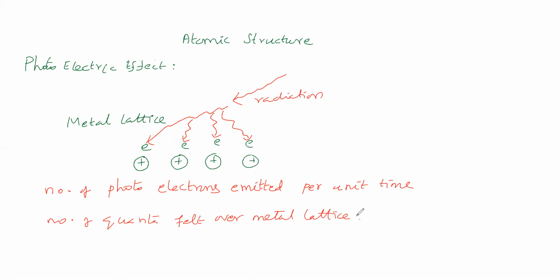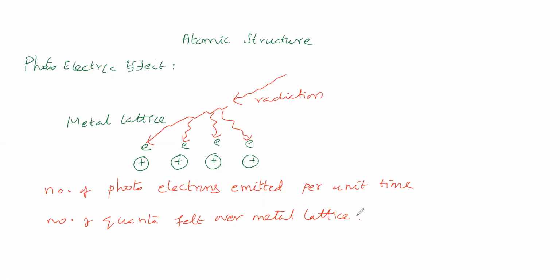What is the relation? Number of quanta falling over the metal lattice and number of photoelectrons emitted per unit time. What is the relation?